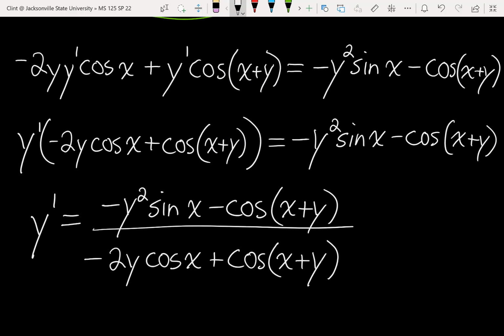Okay. And there may be, no, never mind, I started to say I see something we can do, I don't see it. There may be some simplification you can do, but that's fine. That's a little bit of a pain to have to type in the WebAssign, but you get there.